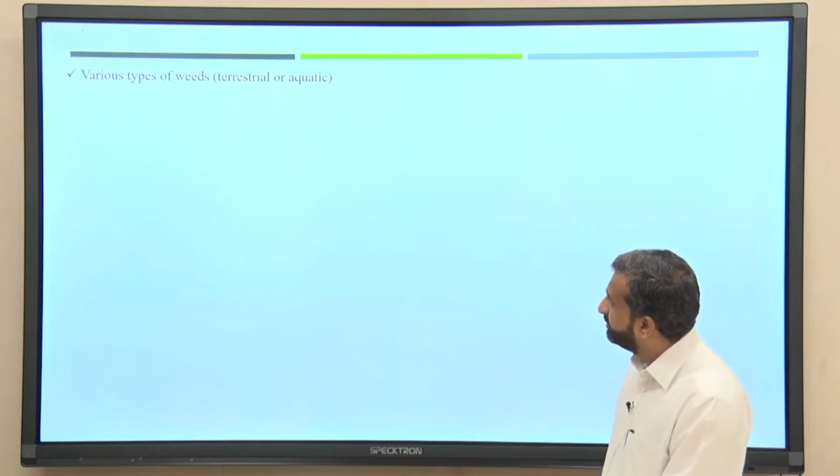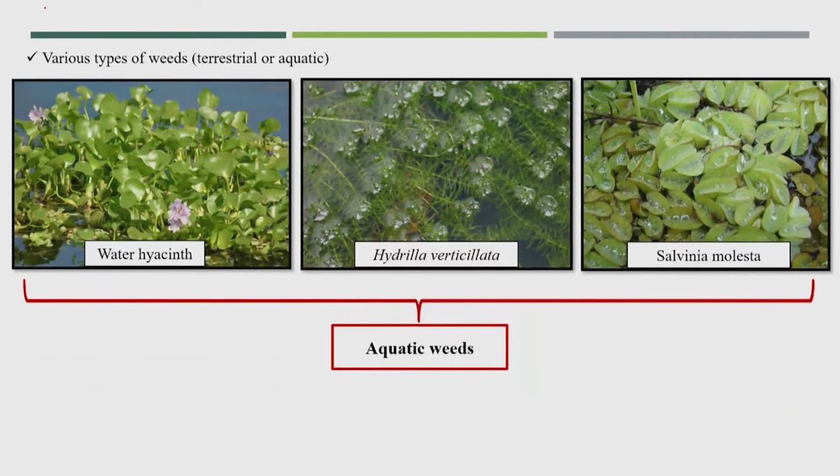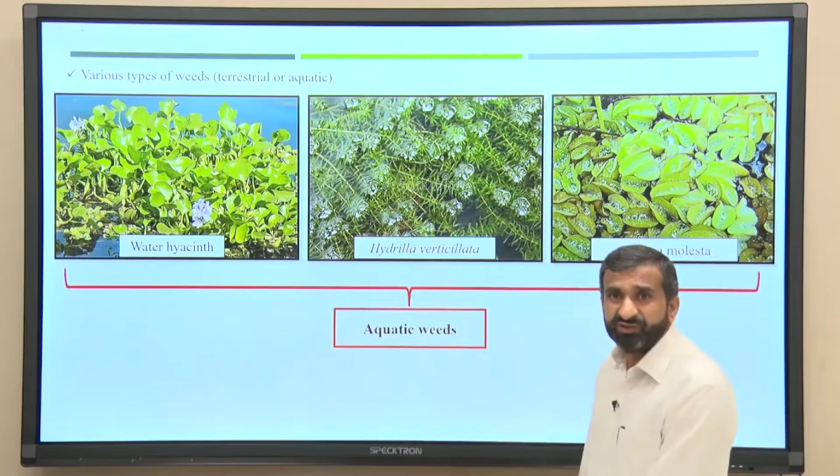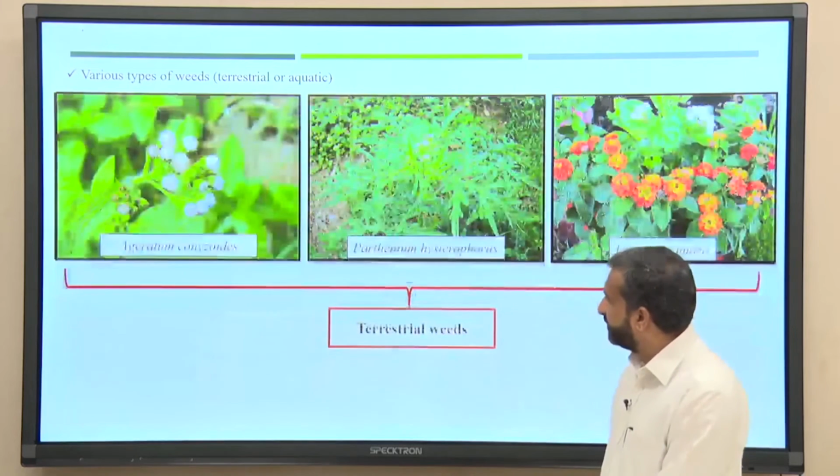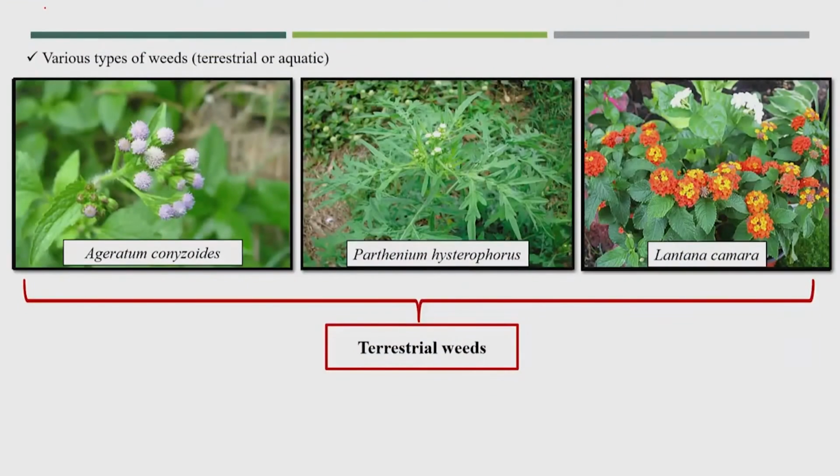Then various types of weeds like water hyacinth, hydrilla, salvinia, which are all aquatic weeds. This is also lignocellulose biomass that could be useful for biogas production. These are some terrestrial or soil weeds, like this well known one. A well known weed is available in most states in India.